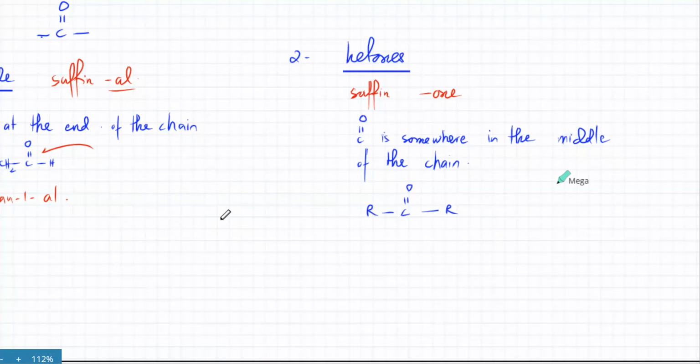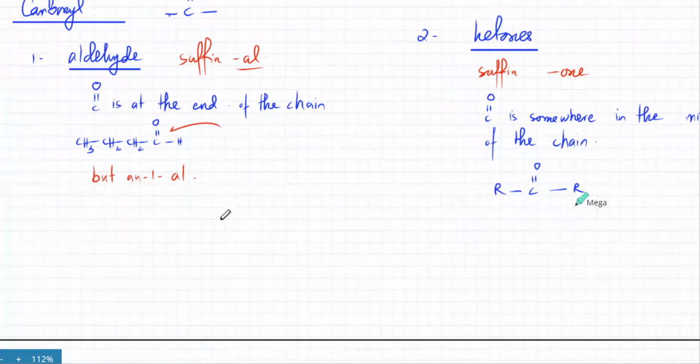At least you need 3 carbon atoms to have this. Yes, Mikhail. So it has to be another carbon. It can't be something else. If it's at the end of the chain, that's an aldehyde. What if there's another functional group attached to that carbon?